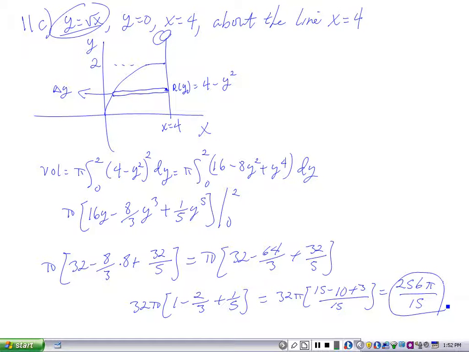Okay, now part D. y equals the square root of x again. y equal to 0. x equal to 4.